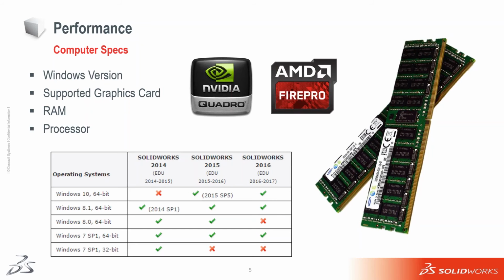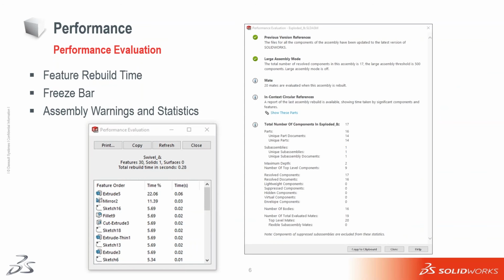The processor really comes into effect if you're running simulations or renderings, because those are processor intensive tasks, and the sky's the limit. The more the better when it comes to the processor running processor intensive tasks like simulations or photo renderings. There's really not a stopping point for how much processor is enough. So the most you can get.